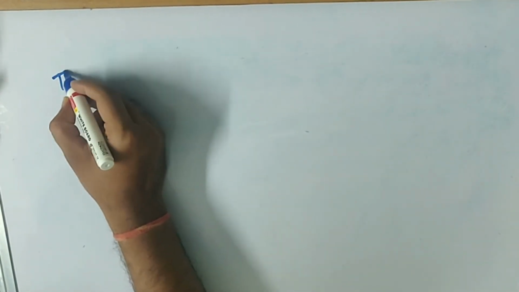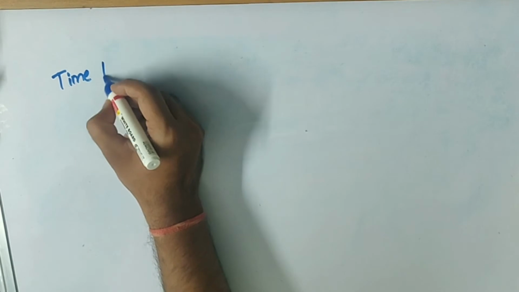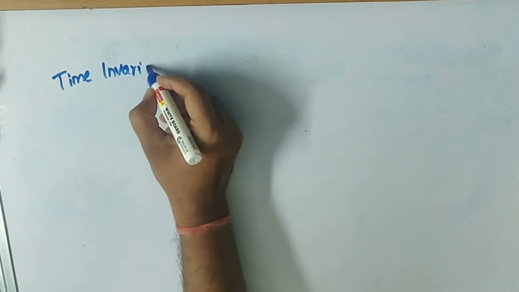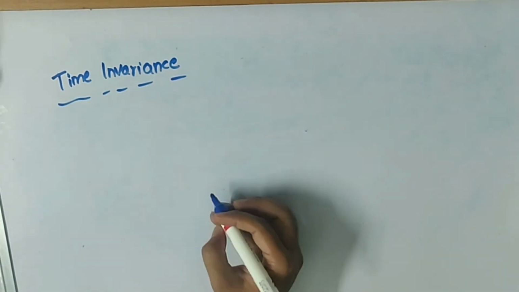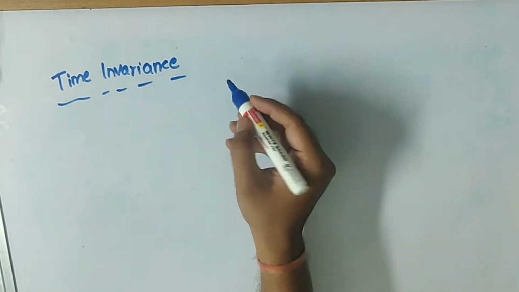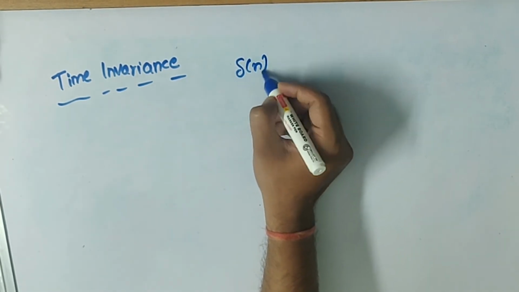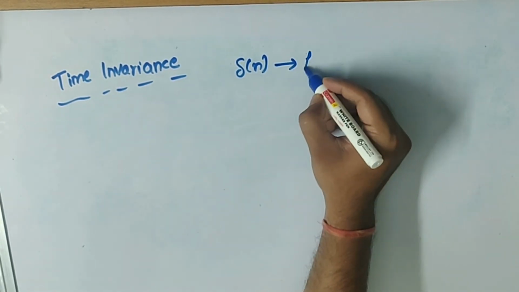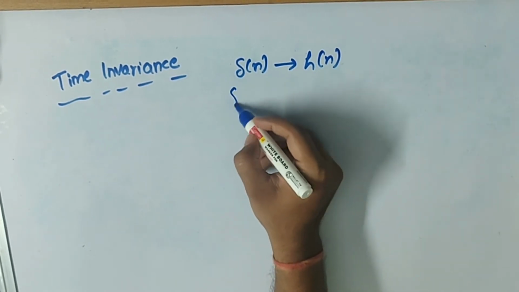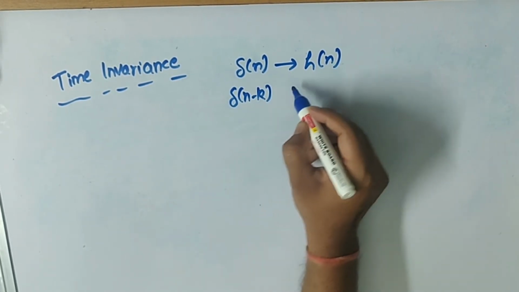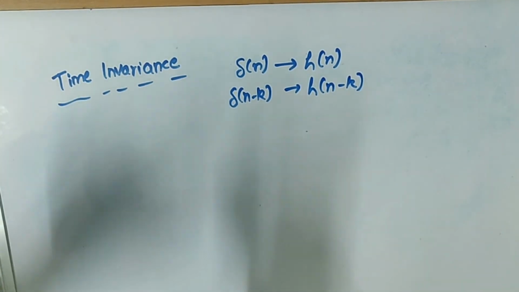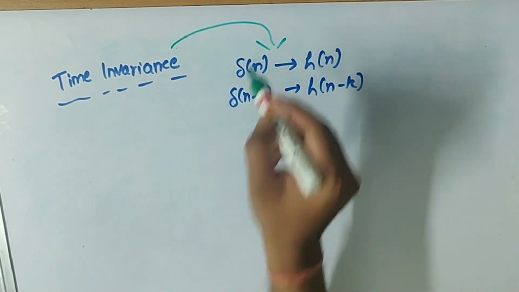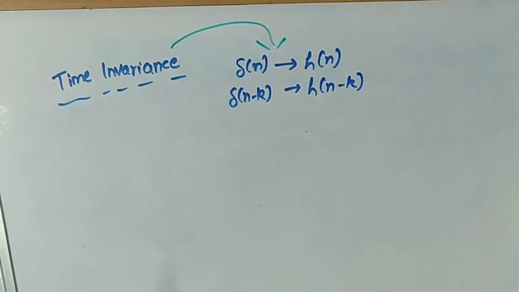If a system is time invariant, and for an input delta[n] the output is h[n], then for an input delta[n minus k] the output will be h[n minus k].